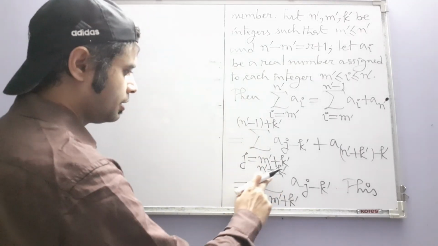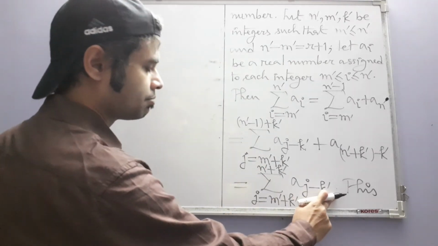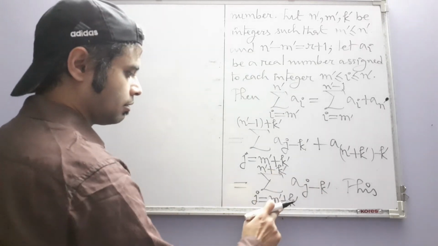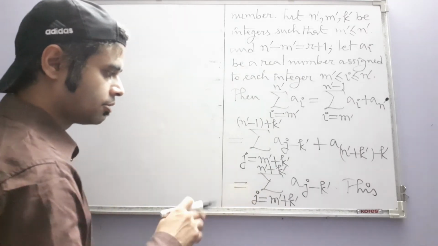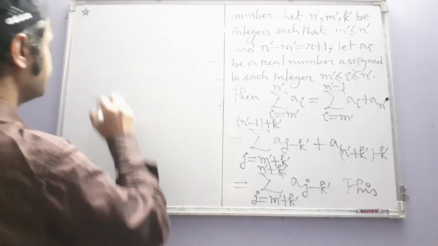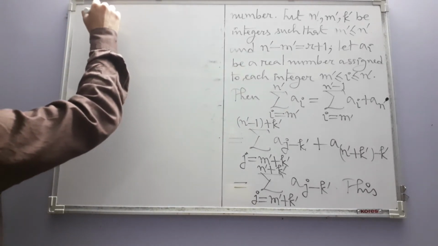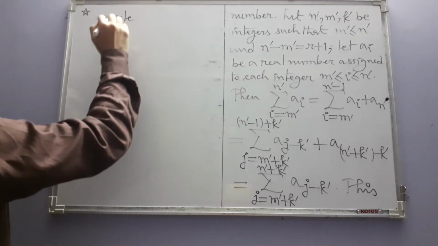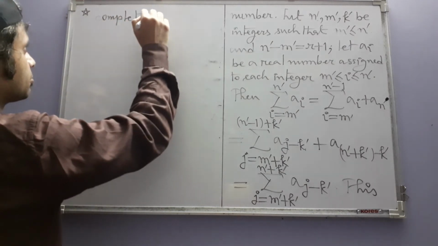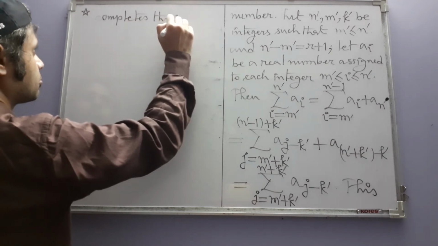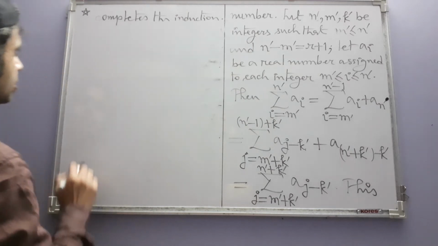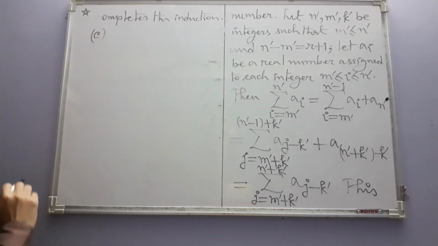That is because here you are subtracting k prime from the index, and you are adding here k prime to the lower and upper limit to compensate for that. It is a little complicated, but the next one will not have those complications. This completes the induction. Now part C.